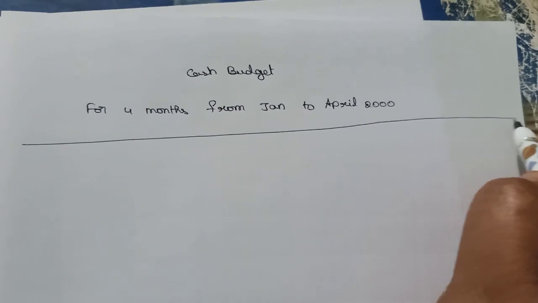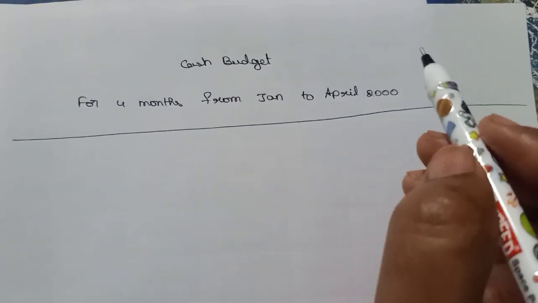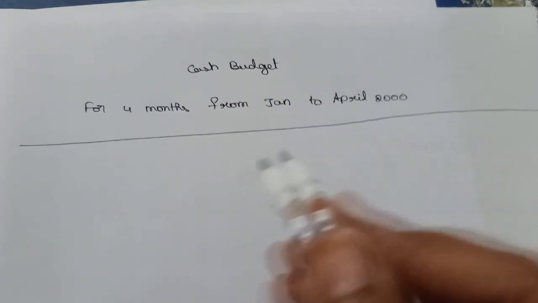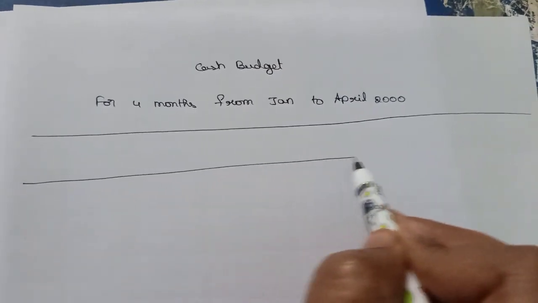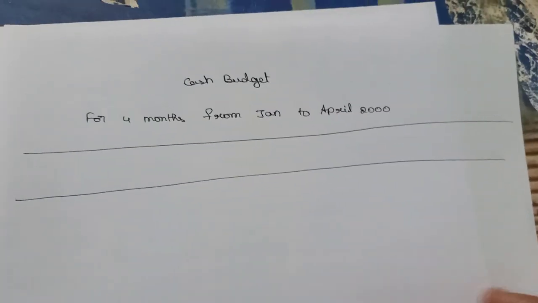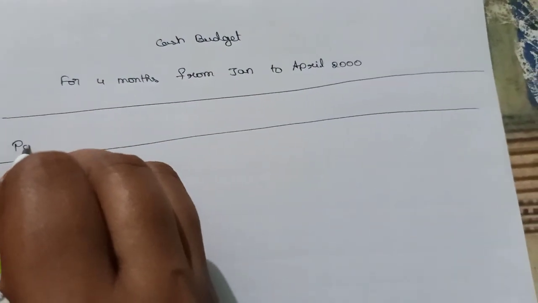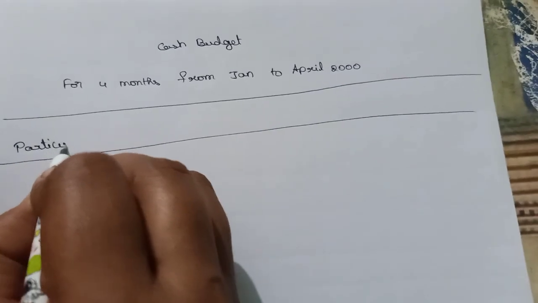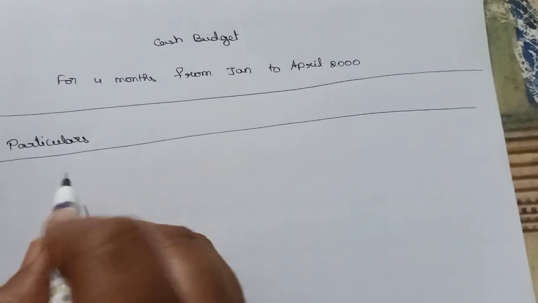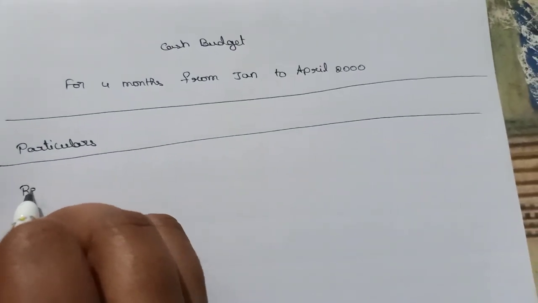In the cash budget, we have to make receipts and payments. In the pro forma, we draw receipts minus payments. So let us go to the particulars: receipts.